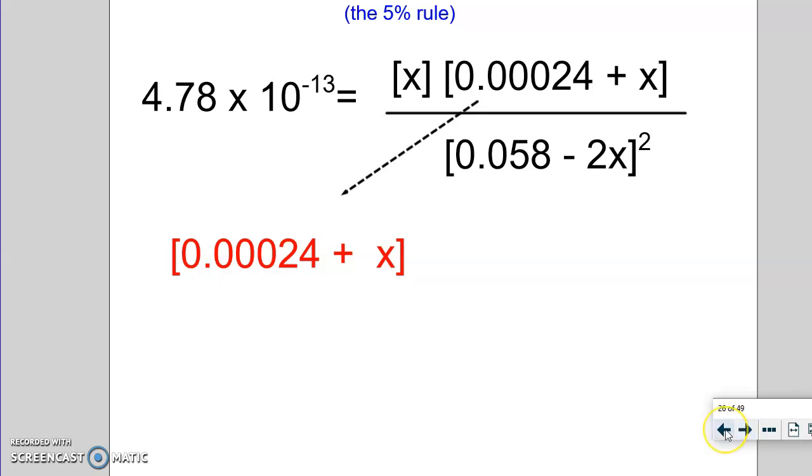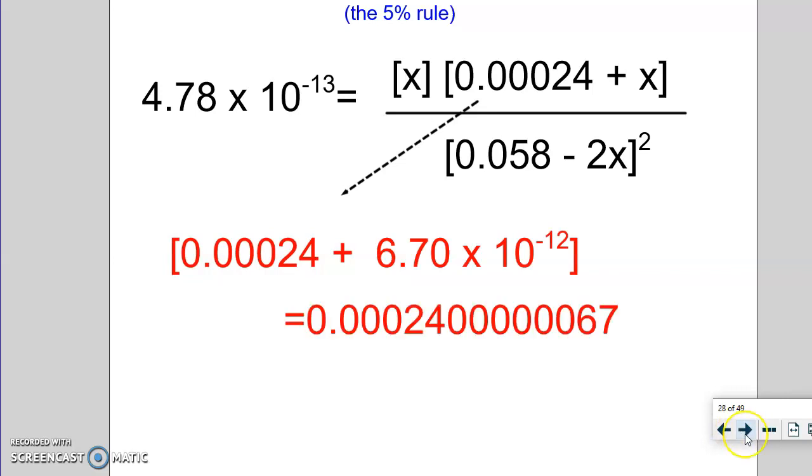If you add that, you get 0.0002400000067. That's not a very different number. That's pretty much the same number. You've got to go out like 7 digits to find any difference. So I would say that ignoring that change is pretty much legitimate. That didn't change the number very much.